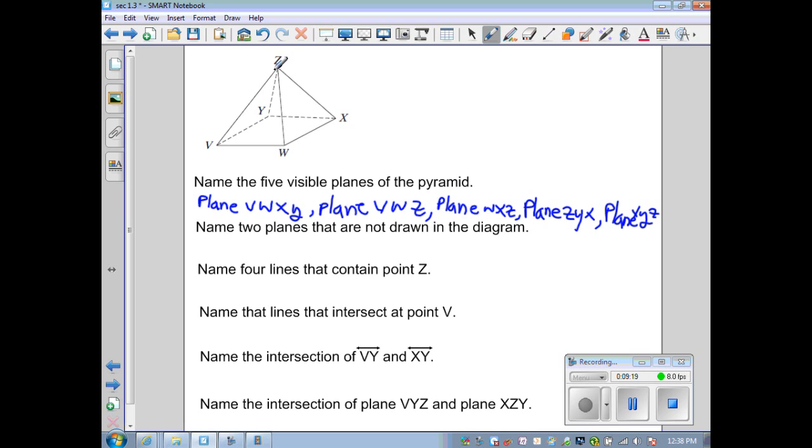What we could find is a plane that could connect W, Z, Y, and also V, X, Z. Next, name 4 lines that contain point Z. That would be line VZ, WZ, XZ, and YZ.